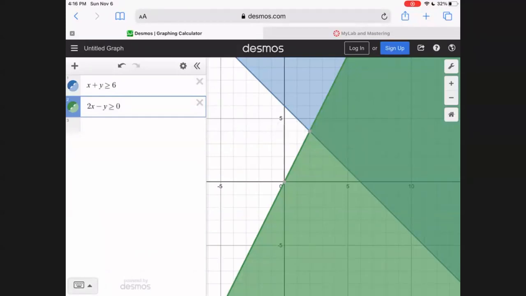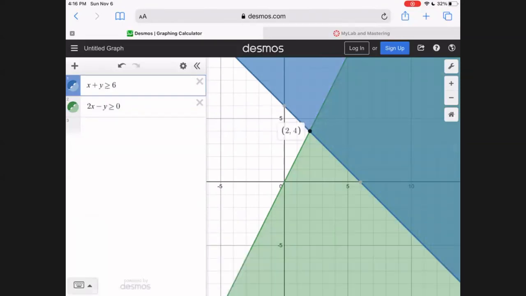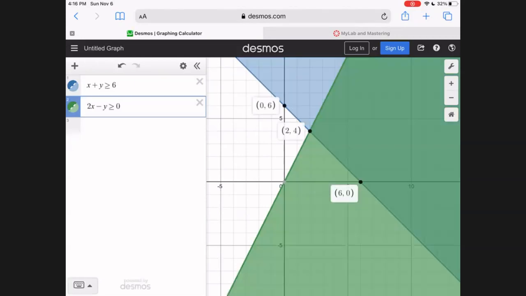And the first equation is the upper part of that line. So where they intersect is over here in the top right. For the blue line, 0, 6 and 6, 0 are its intercepts. For the green line, it only has one intercept of 0, 0, and they intersect at 2, 4.